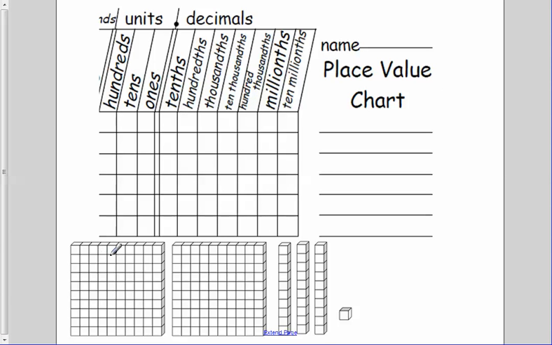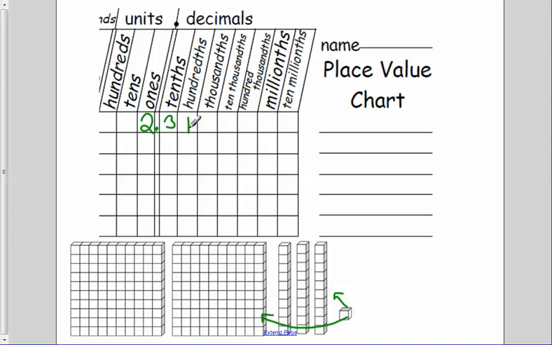So our first example, we have our base 10 blocks, and I've got two of these wholes, so that means I've got two in our ones place, and then I've got 1, 2, 3 of these bars, and these bars are our tenths. So I've got 3 tenths, and then I've got this single hundredth down here because there's 10 of these to make up a tenth, and then there's 100 of them to make up a whole.